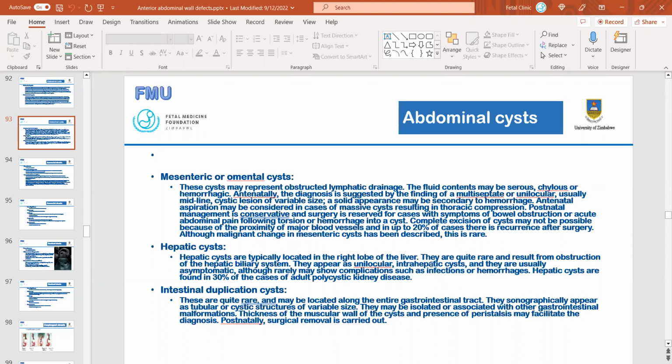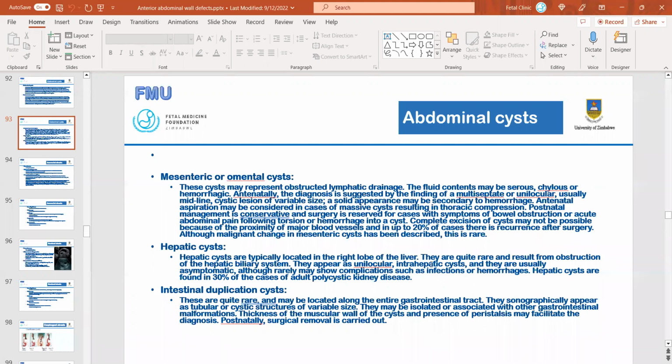So intestinal duplication cysts. These are very rare, but may be located along the entire GIT. They appear as tubular or cystic structures of variable size. They may be isolated or associated with gastrointestinal malformations.